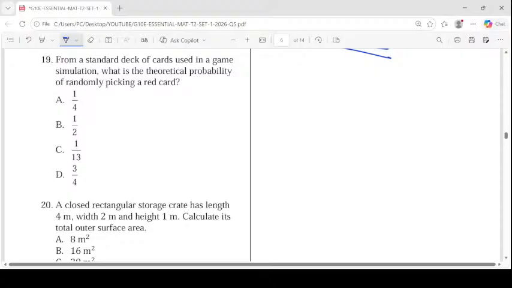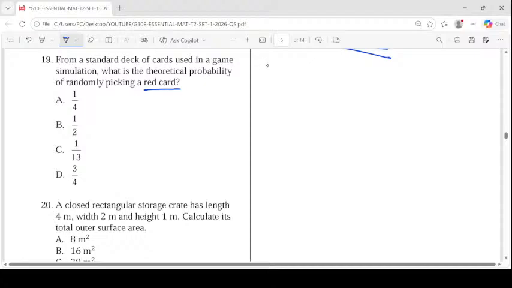So the probability of randomly picking a red card. What is the probability of picking a red card if the standard is 52? Remember, the red cards are normally 26.